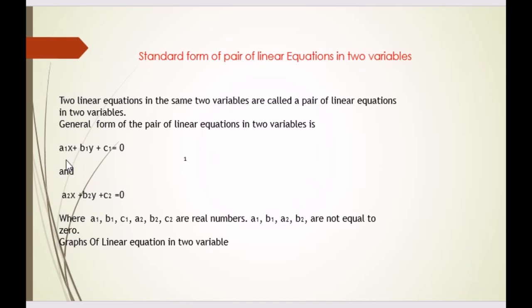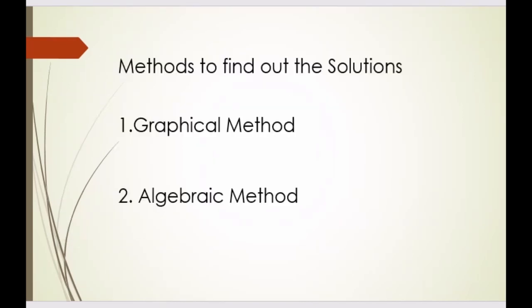We know that equation 1 will have infinite solutions, equation 2 also has infinite solutions, but we will say the solution that is common to both these equations, the values of the variables that will satisfy both the equations, will be called the solution of the pair of linear equations. Our aim is to find out the solutions of these equations.